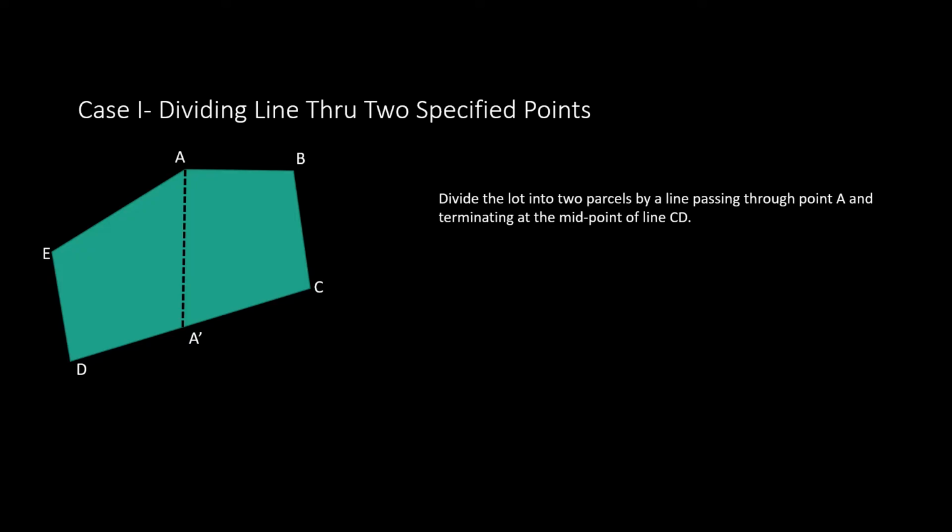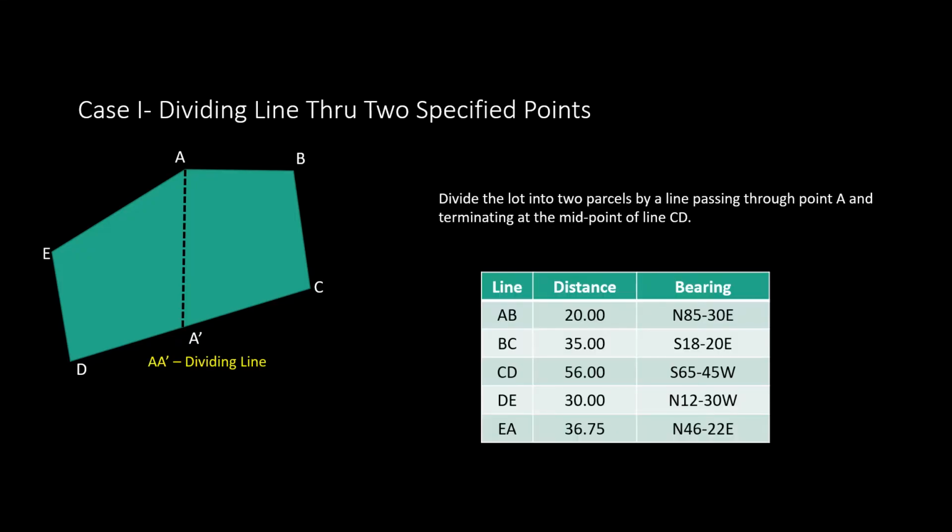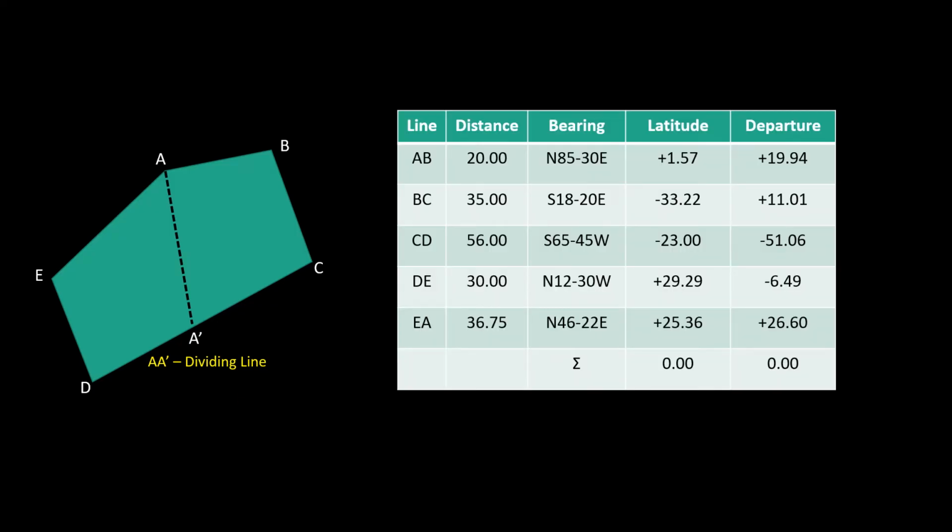So let us provide the data for this parcel. You have the distances and the bearings of the lines comprising the boundaries of the given tract of land. So first thing first is to calculate for the latitudes and the departures of the boundaries of the lot. So the table gives us the latitudes and the departures.